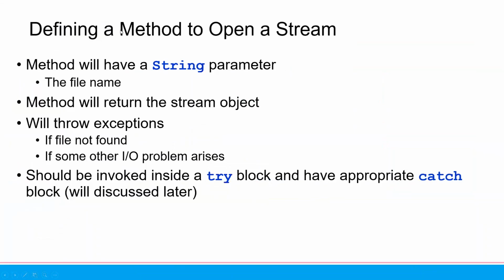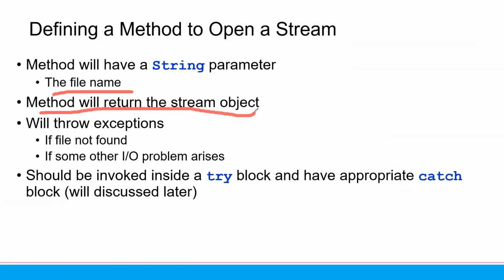So we need to define a method to open a stream. When we have a file, we consider that as a stream. The method will have a string parameter, which will be the file name, and the method will return the stream object. It depends how you define the stream object.